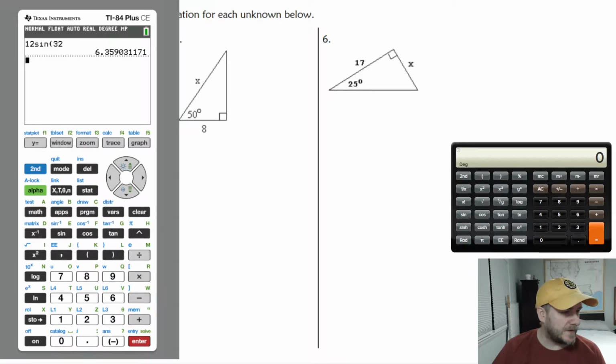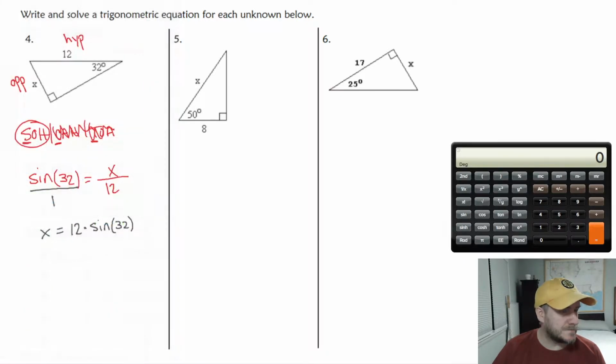The rest of us have different calculators. So again, if you've got a calculator that can do trig at all, at least that's pretty good, right? So you're going to at least figure out what the sine of 32 is. If you've got one of these calculators where if you hit sine you don't get anything, that's because it's taking the sine of whatever's on the screen.